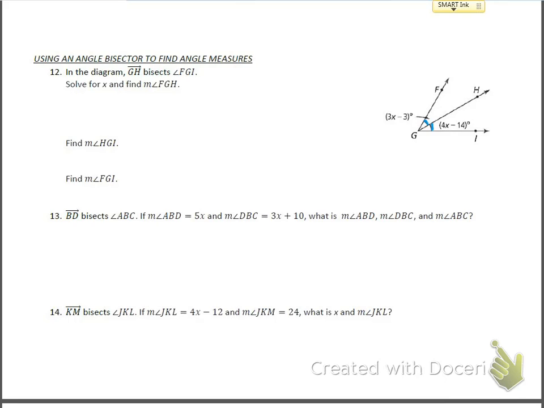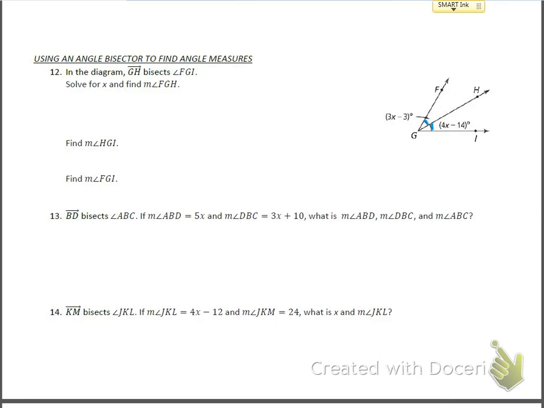If GH is a bisector, what do we know about the two angles? They are congruent, or if we're talking about measures, we say they are equal, right? Okay. So, we set them equal to each other.